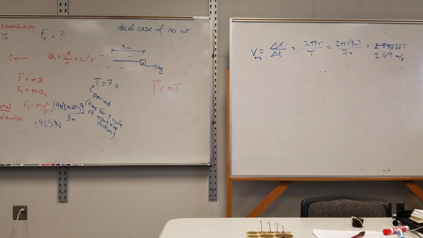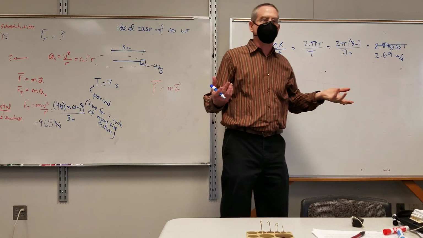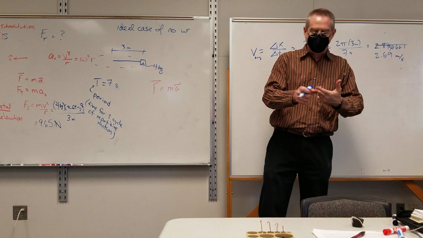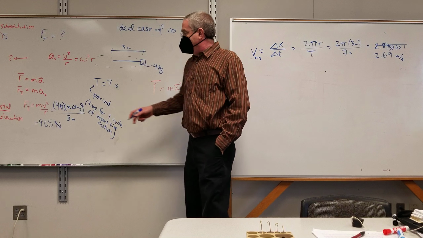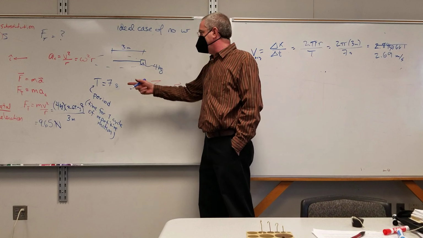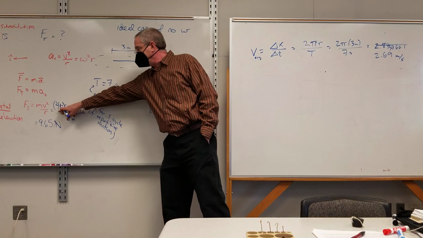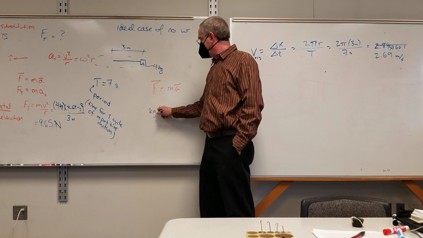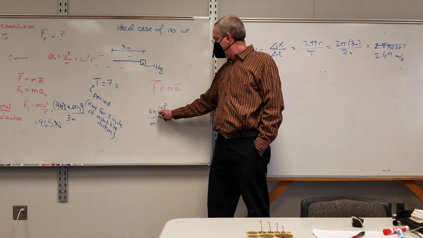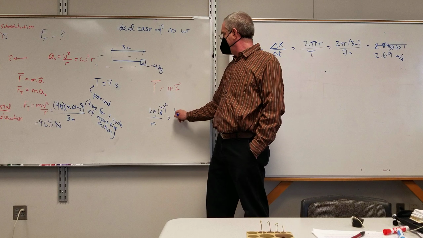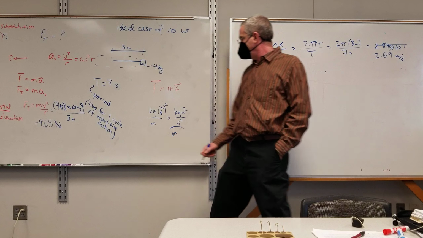Now let's say you blank on the unit. You can just pull it straight from here. We have a kilogram times a meter per second squared divided by a meter, which is a kilogram meter squared per second squared over meters.